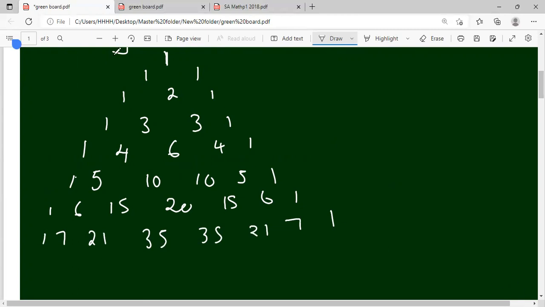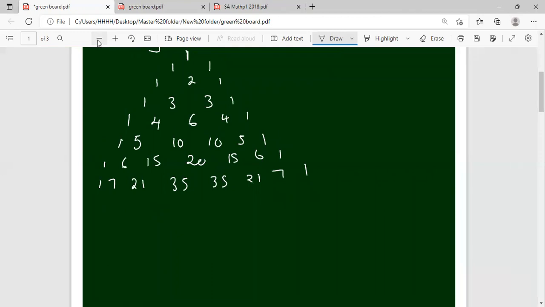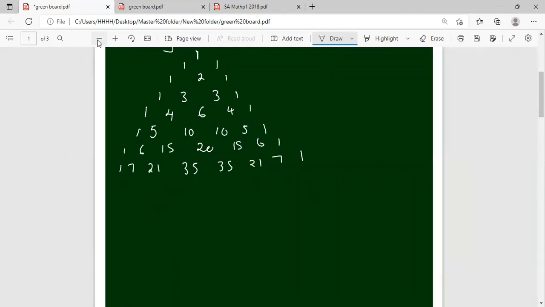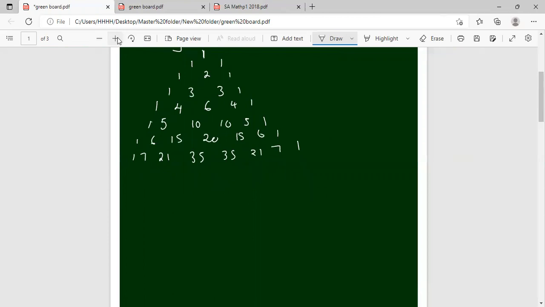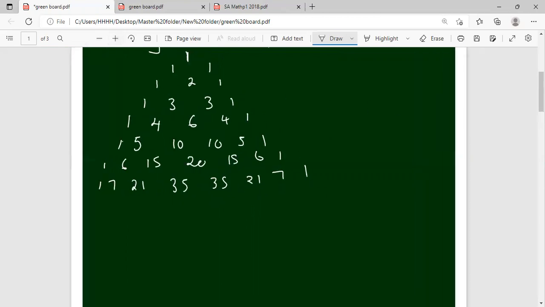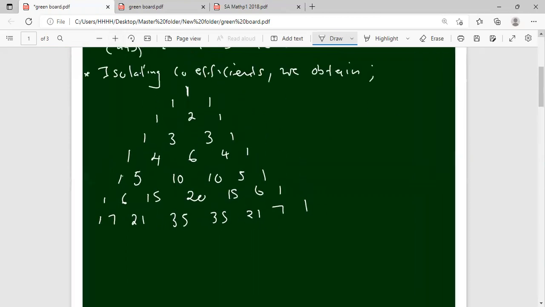Now, when you look at this, you are producing a what? If you look at this, we are producing what we are calling a triangle. This is like a triangle, all right? And this is called a Pascal's triangle.